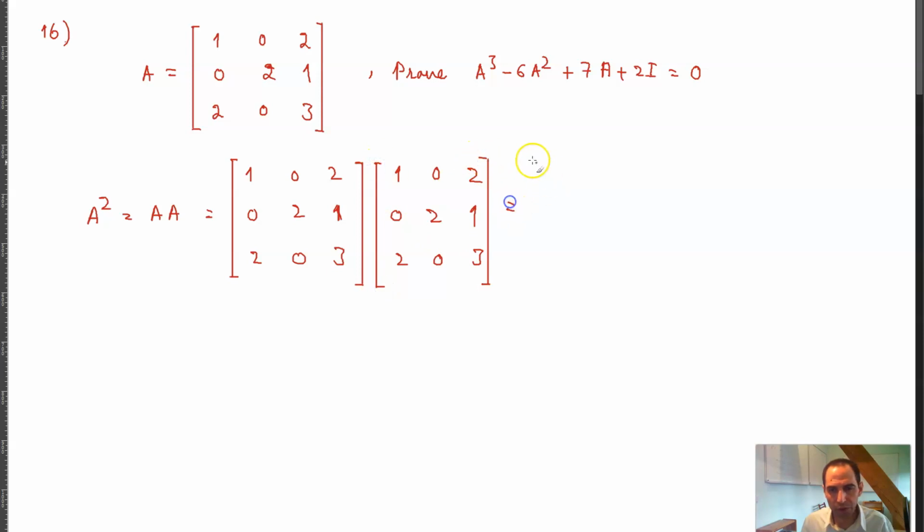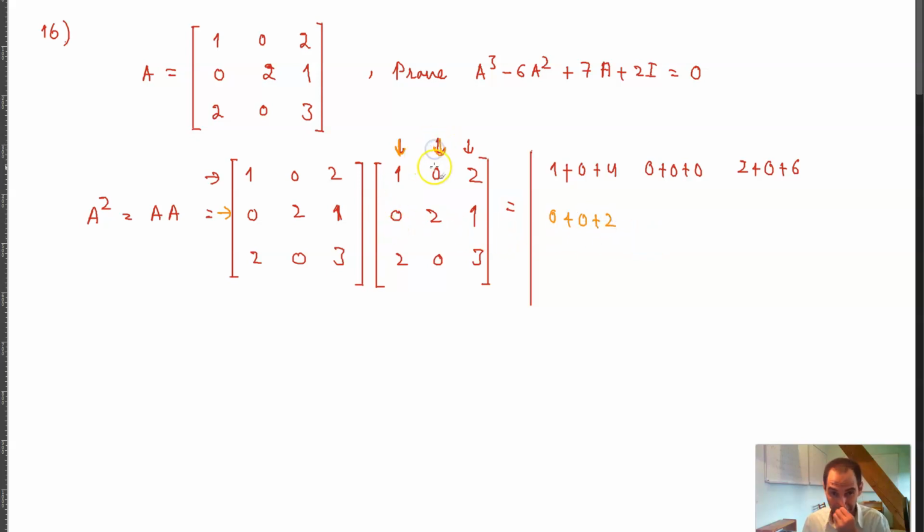Times the same matrix, and that gives me, now this column gives me 1 plus 0 plus 4, and this column gives me 0, 0, 0, and this column gives me 2, 0, 6. Now the next row, you have 0, 0, and 2.